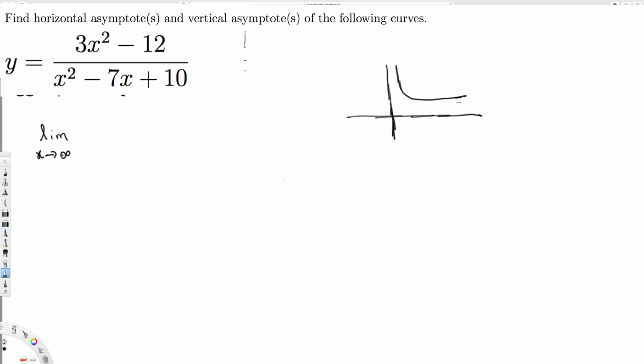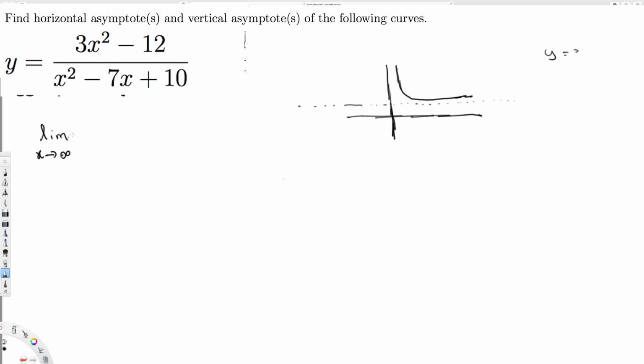So this is the value they are asking. This is going to be my horizontal asymptote, right? It's going to be something like y is equal to what value. That's what you want to find. In this case, when x approaches infinity, we have to find the y value.